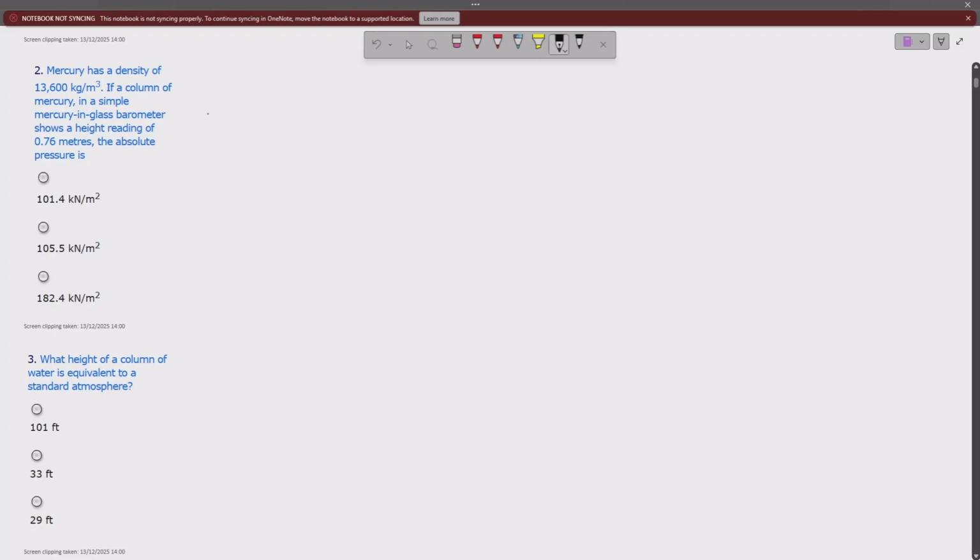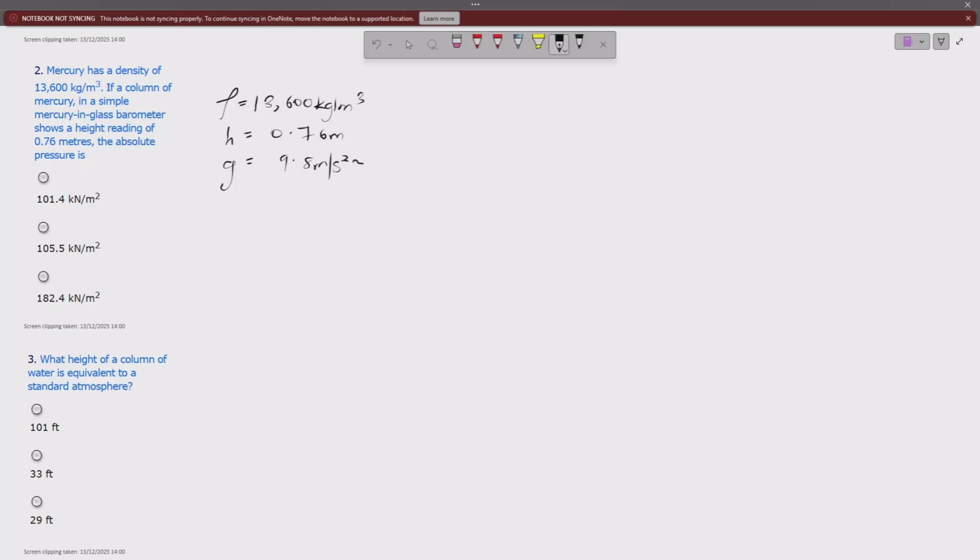So you have the density rho, that is equals 13,600 kilogram per meter cube, and you've been given the height, h, that is 0.76 meters. Right, so you know g to be 9.8 meters per second squared. You can approximate it to 10 meters per second squared.